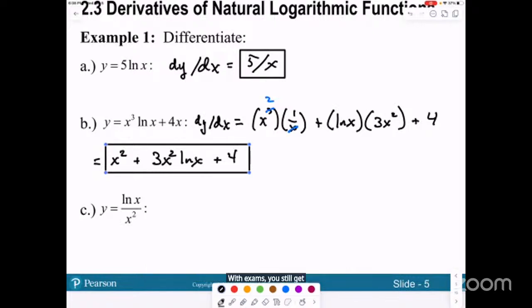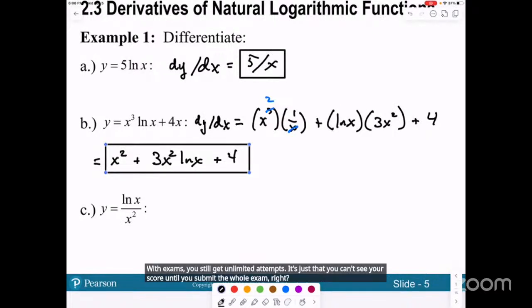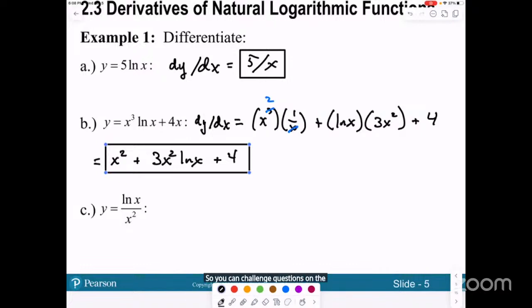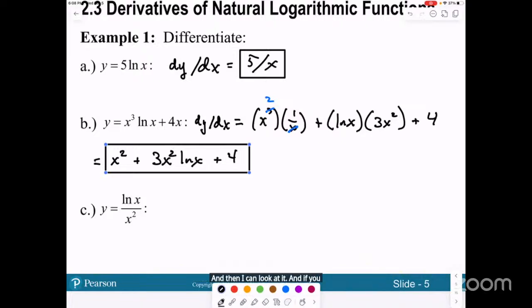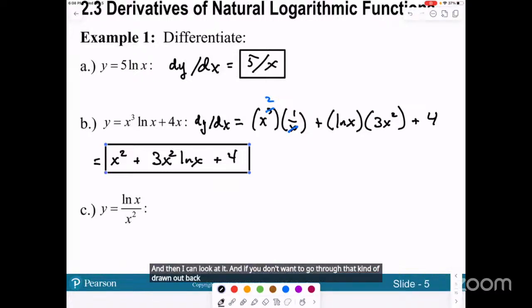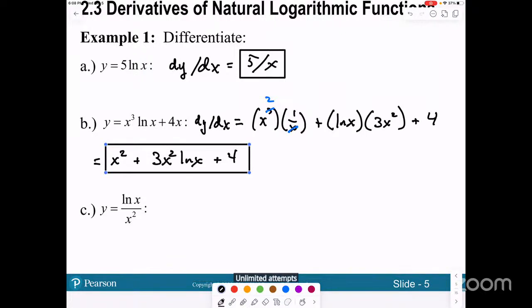It's just that you can't see your score until you submit the whole exam. So you can challenge questions on the exam. Like you can screenshot it and say, hey, I got this question right, but they marked it wrong. Could I recover some points here? And then I can look at it. And if you don't want to go through that kind of drawn out back and forth process, you're welcome to take the exams as many times as you like until you get whatever score you like. Again, unlimited attempts, the system is set to take your highest score.